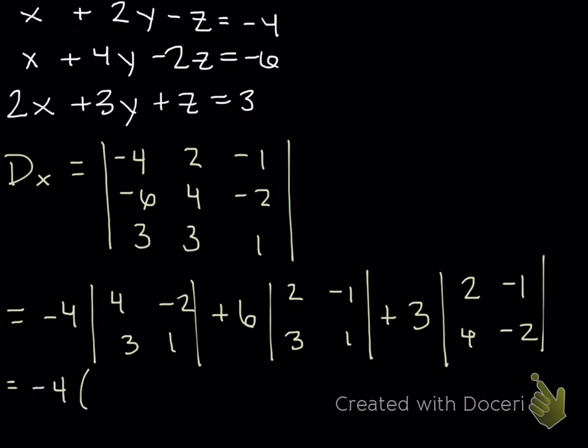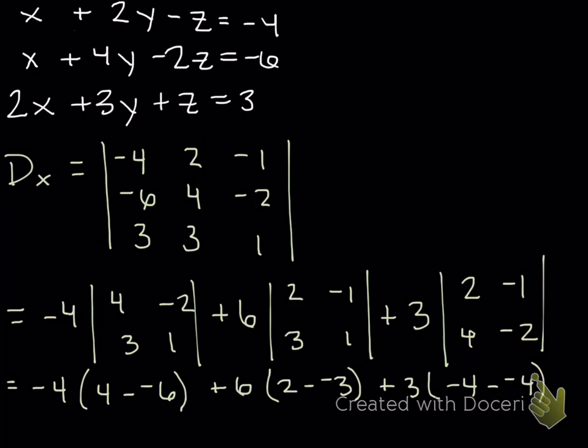So now we'll have -4 times the quantity of 4 minus a -6, plus 6 times the quantity of 2 minus a -3, and then -4 minus a -4.